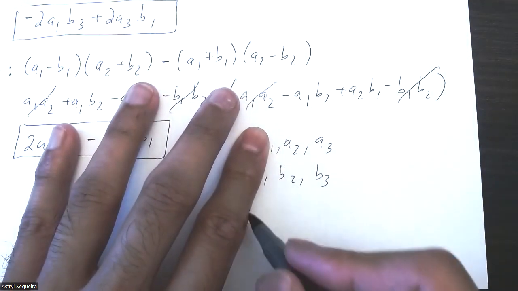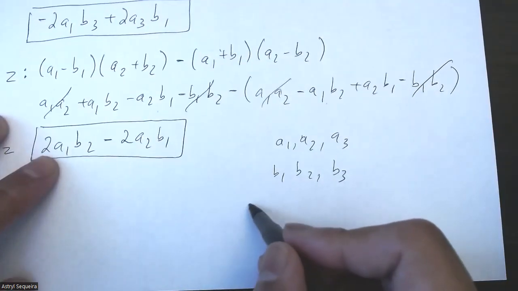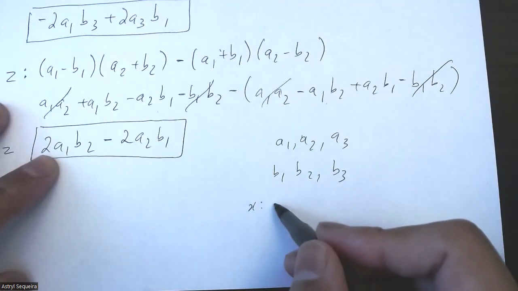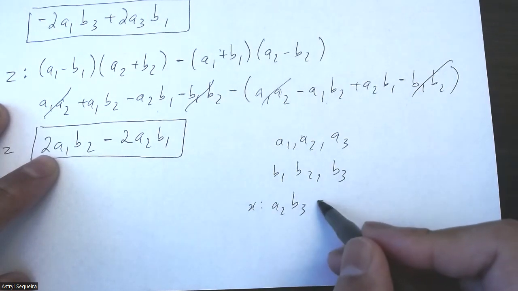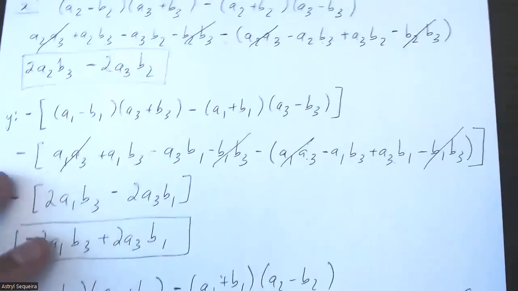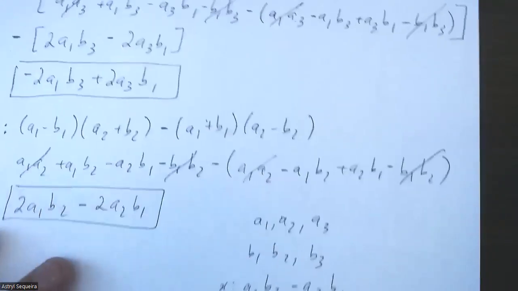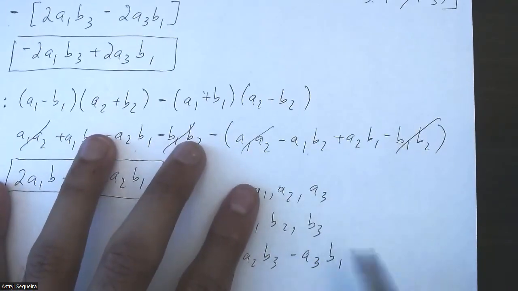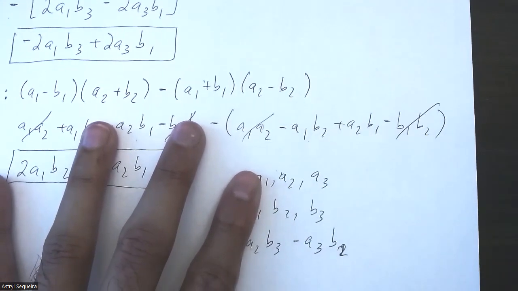I just cross multiply these two. So my X component is going to be A2B3 minus A3B2. Just cross multiply like that.